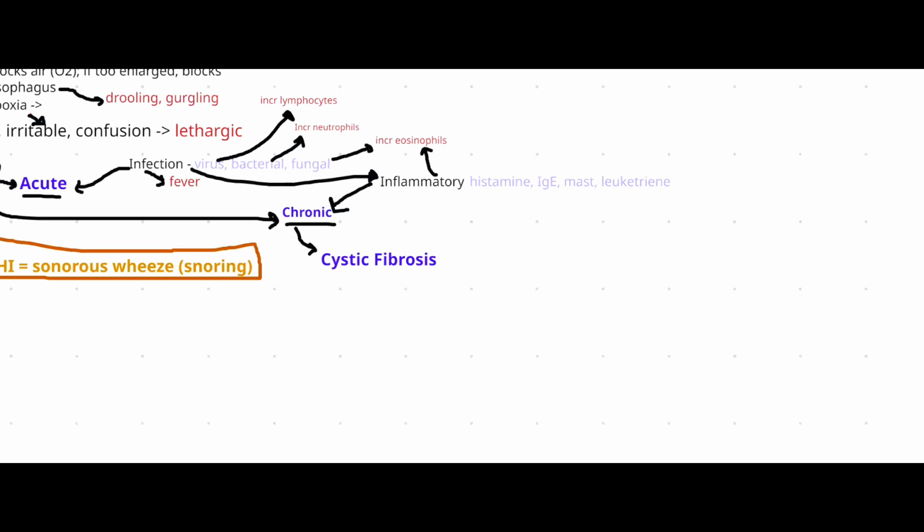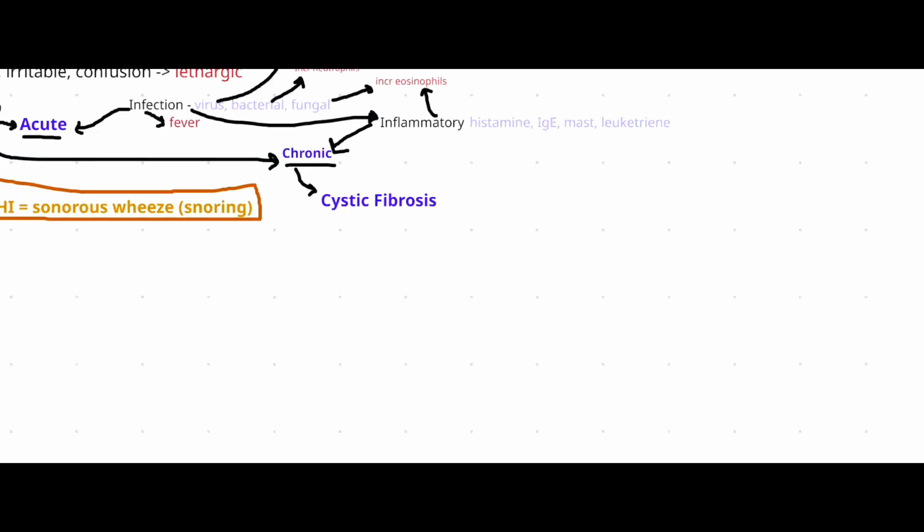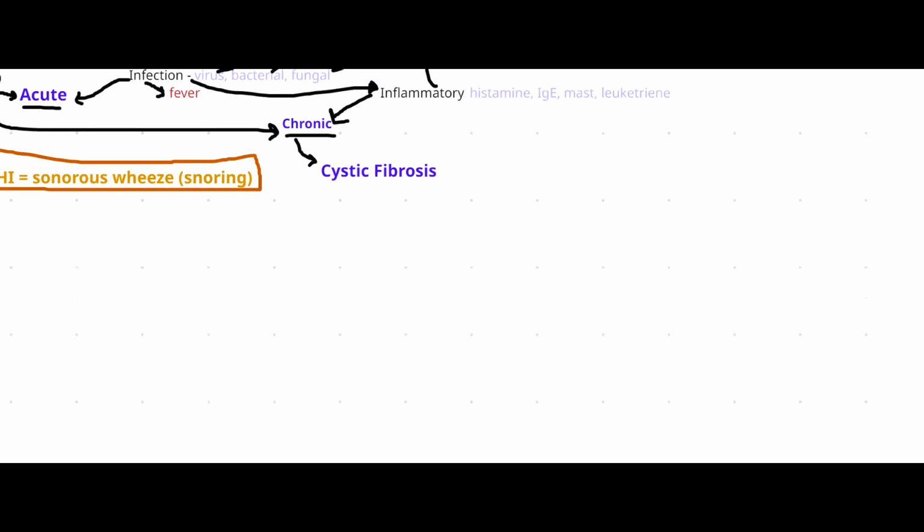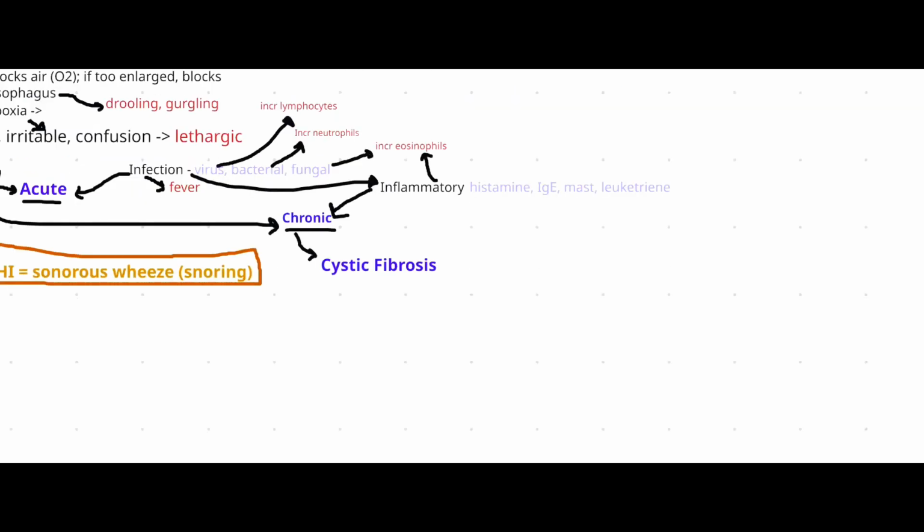Right now, we're just talking about the bronchi, but it's really in the whole respiratory system. But if there's cystic fibrosis and there's secretion in the bronchi, what sound are we going to hear? What sound are we going to hear if there's a problem in the bronchi? Rhonchi, right? Rhonchi in the bronchi.